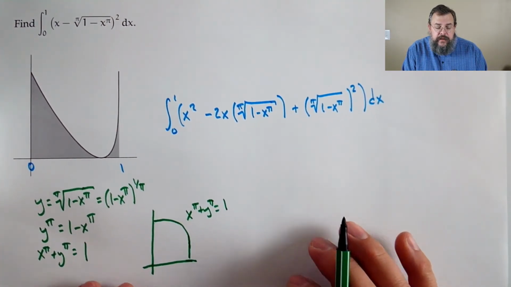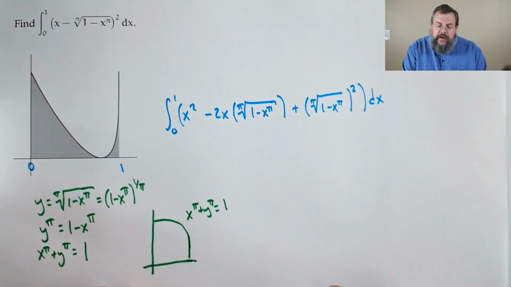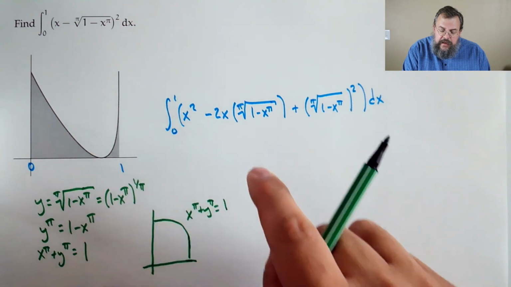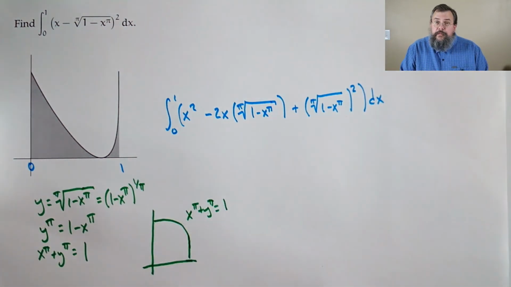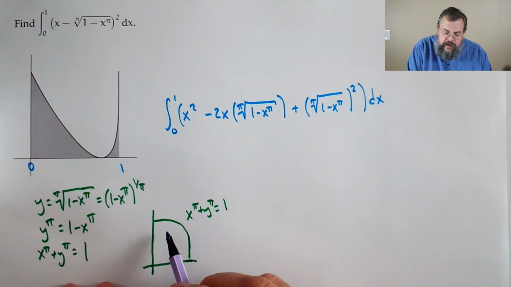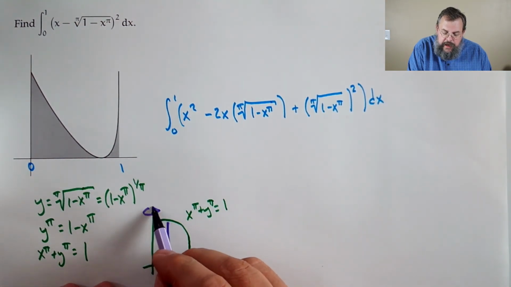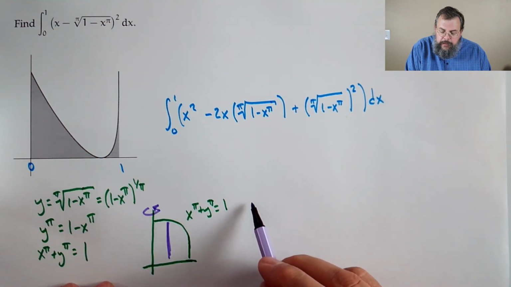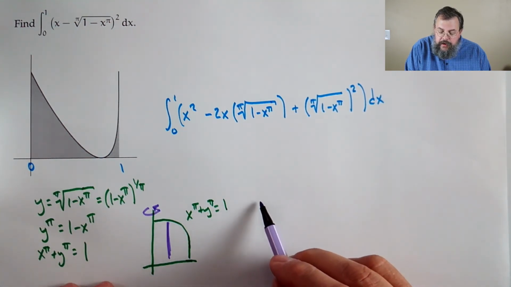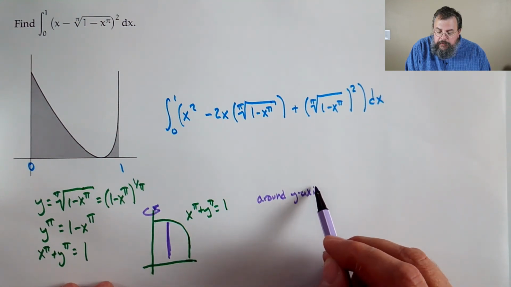Now, let's look at this piece right here. This looks a lot like if we were to do the shell method. Now, the shell method says if I see 2x f of x, that's like I took my slice and I spun it around the y-axis. So if we take this shape and go around the y-axis, what do we see?